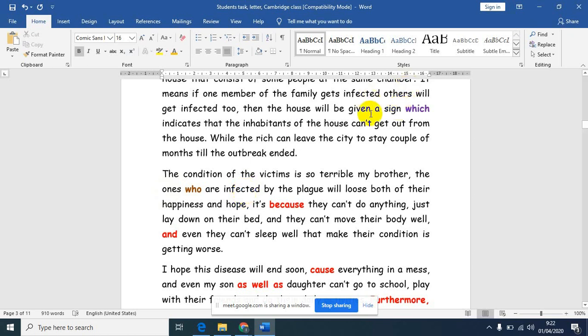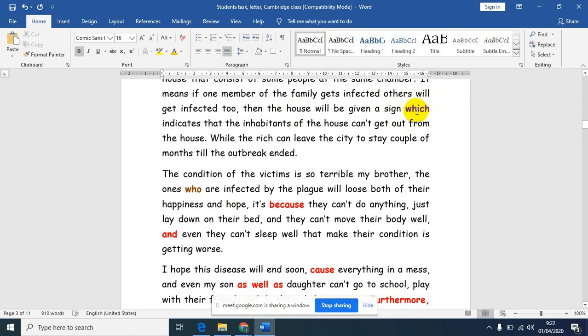Well, this one, the house will be given a sign. Please look at this, the thing that I point to, which, yeah, what about this one? The house will be given a sign which indicates, what about this? Adjective phrase.